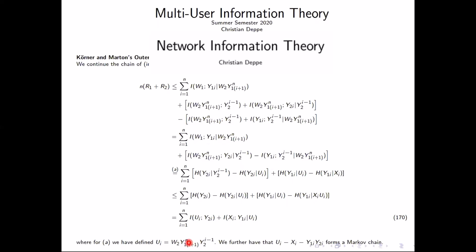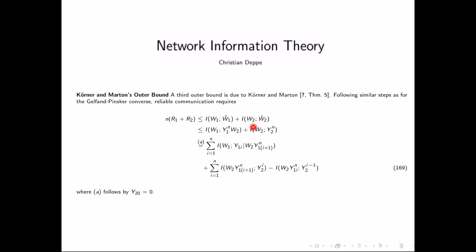It's the same notation we already used in Gelfand-Pinsker. That was already on the previous page here. This means Y2 is a random variable, and here Y1 is a random variable, and here we look at the positions from i plus 1 to n. If we just write here i minus 1, then it's just Y2 of length i minus 1, the first i minus 1 values.